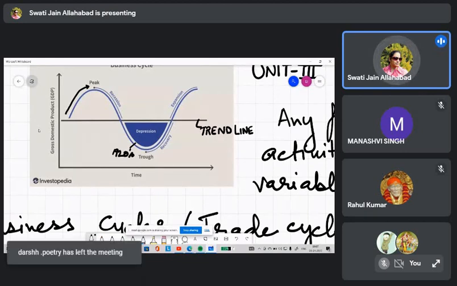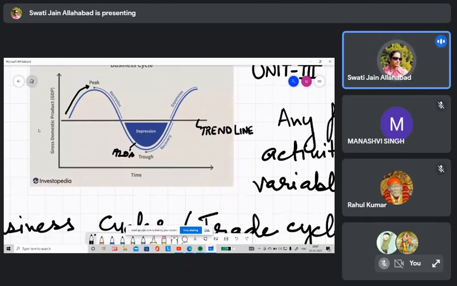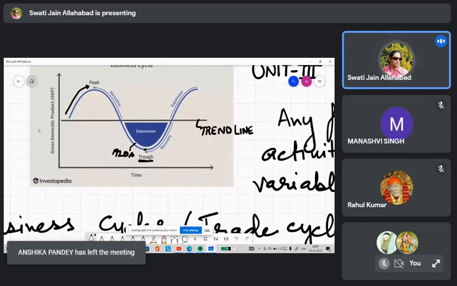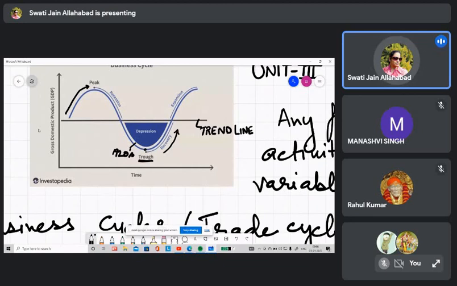Okay, now, when the economy is contracting, there is again a minimum point, or a limit of this contraction. This point is known as trough, the slowing down point. After this point, the economy will not go down further, but there will be an upward movement. Gradually, there will be an upward movement, and you can see that this is the recovery, where the economy is reviving.